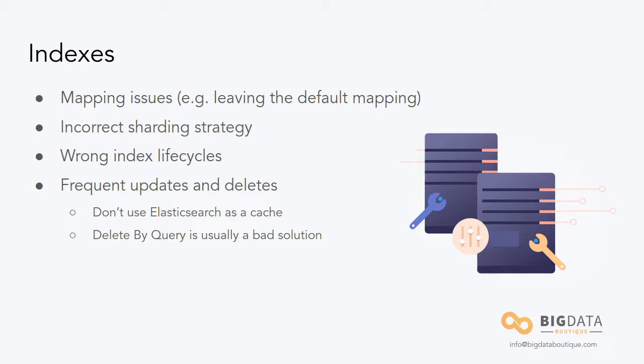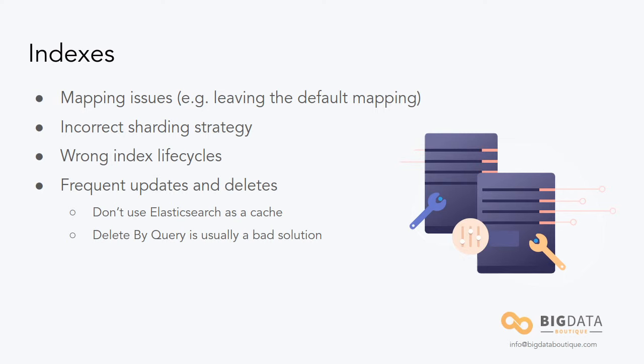On that note as well, index life cycle. So when are you going to roll to new indexes? When are you going to remove indexes? How are you going to remove old data and do data retention? All of those things to consider, if you do this incorrectly, you can get to a point where you have some performance penalties.